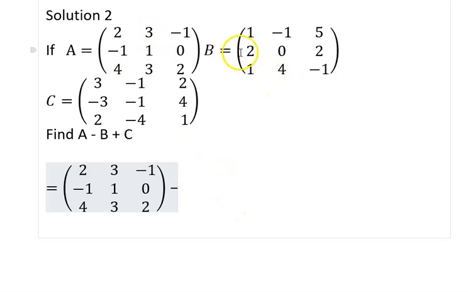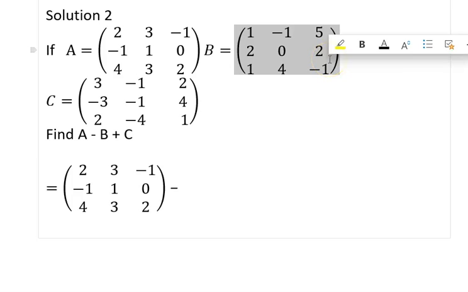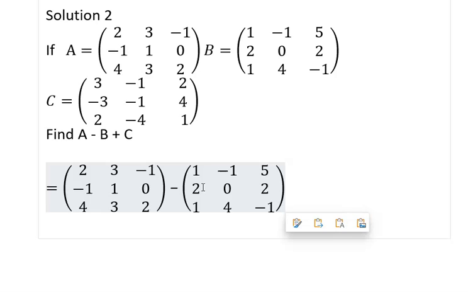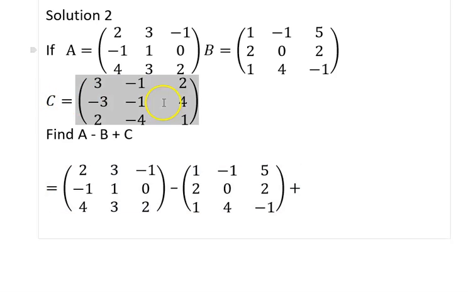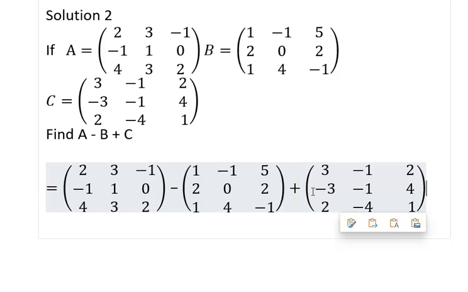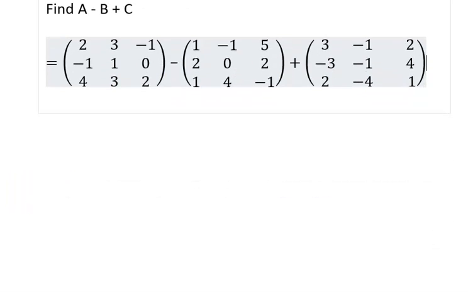This is our B. Just bring down our B here. Then plus C. This is our C. Beautiful. So we have our A minus B plus C. Let's quickly see how we go about that.